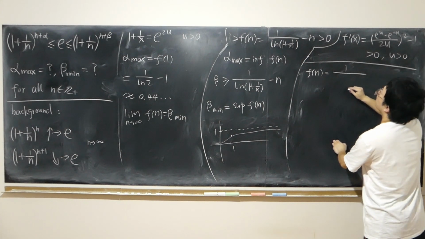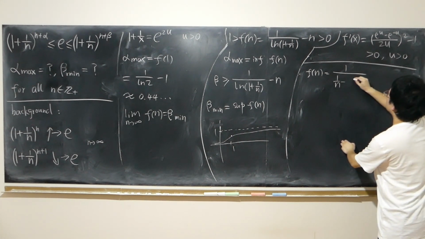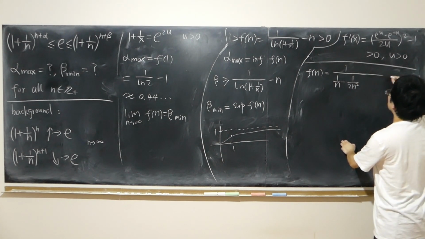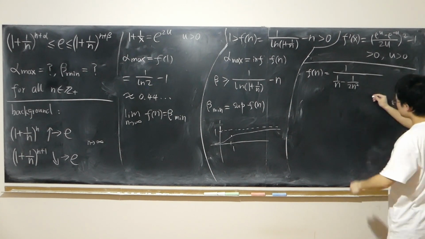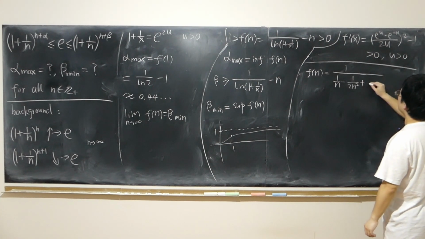Maclaurin expansion: first term, 1 over n, second term, minus 1 over 2 n squared, and plus 1/3 of 1 over n cubed, but we don't need that. All we need is a little o of 1 over n squared.